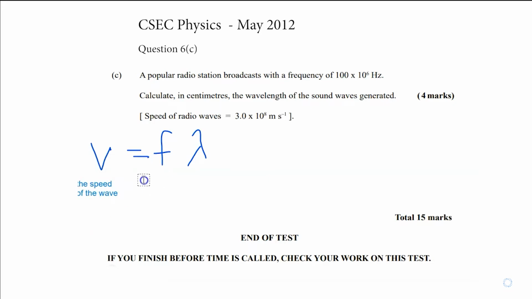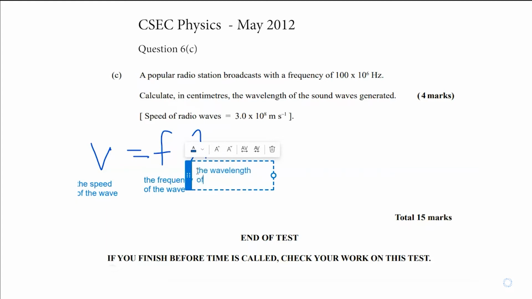F represents the frequency of the wave. And lastly, lambda. Lambda represents the wavelength of the wave. So in order to calculate the speed of the wave, we multiply the frequency of the wave by the wavelength of the wave. So let's dive into this question.